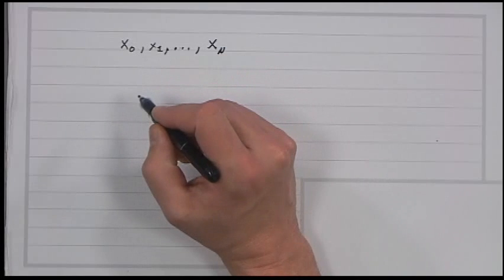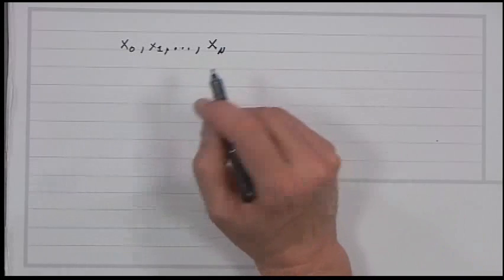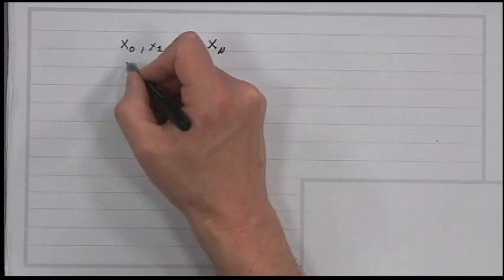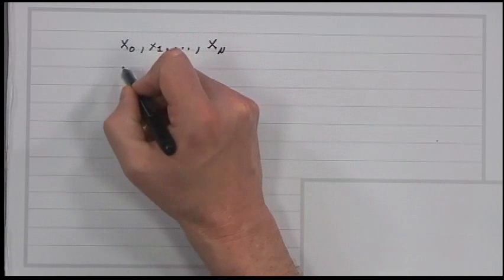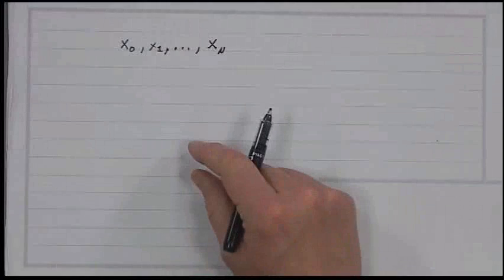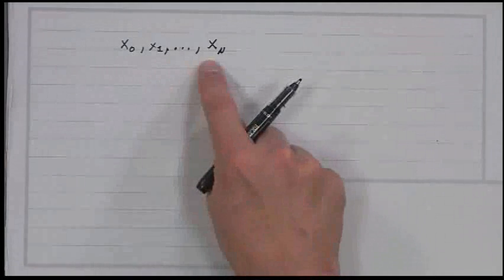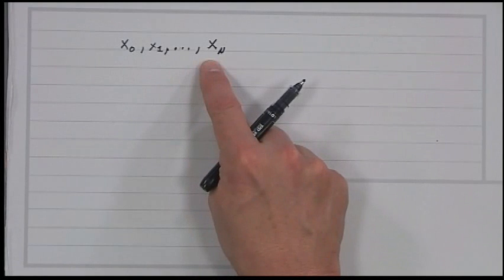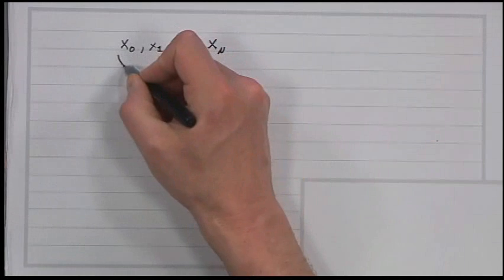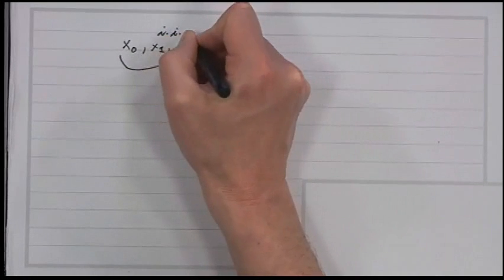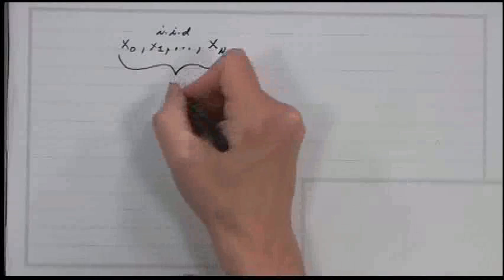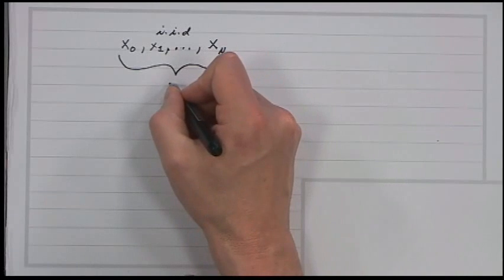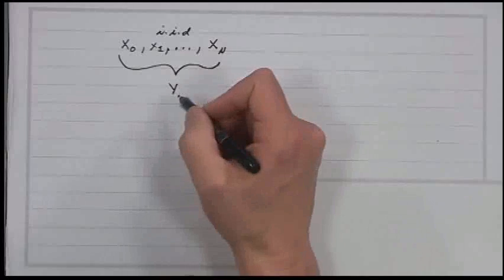And you want to answer the question, what's the best...? You're going to have a coder. The coder can actually take a block of these things and code it to produce a Y. These are IID, independent, identically distributed. So it takes a block of these and produces a Y, and this is the coder.